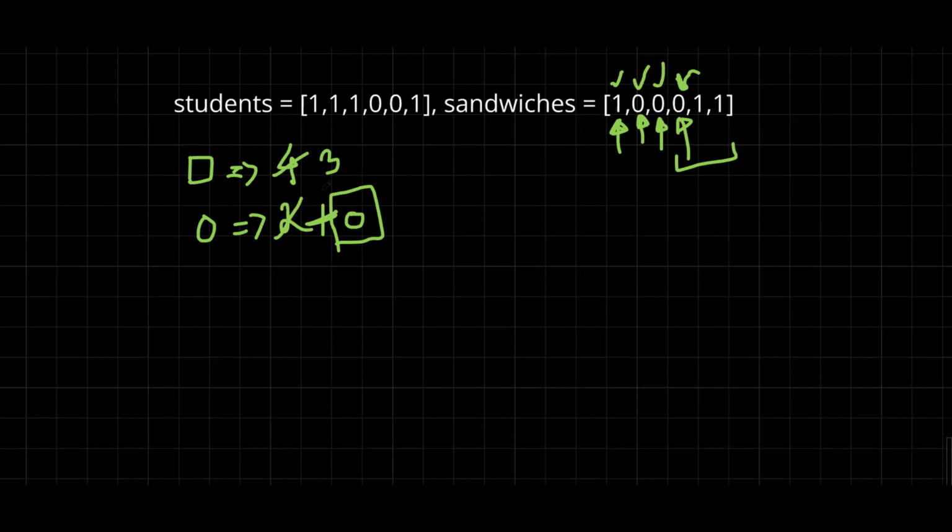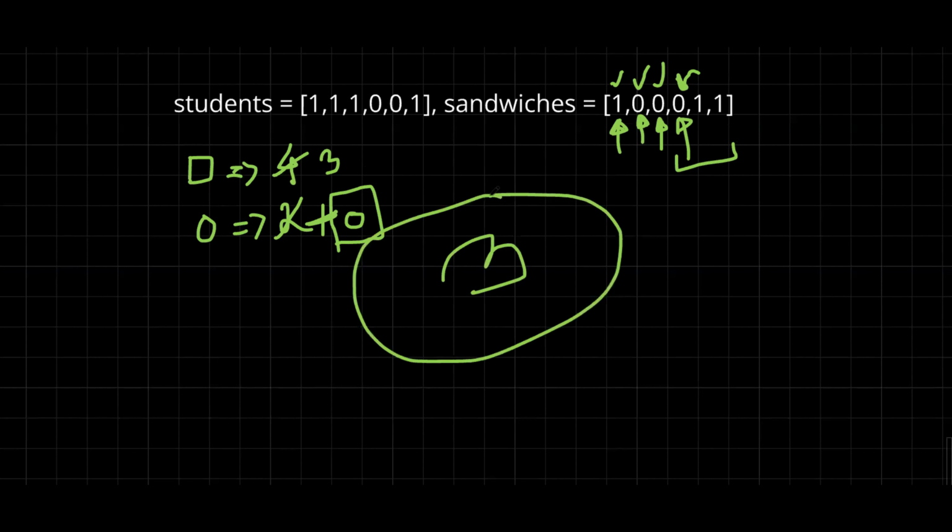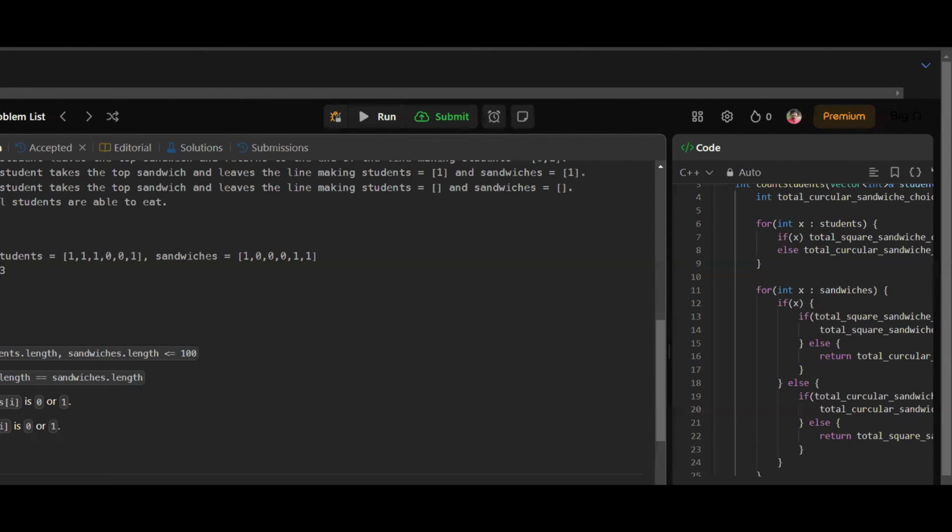So we can say that the total number of students unable to eat the sandwich will be 3, which is the exact frequency of the remaining square preference students. So I hope you understood the algorithm. Now let's move on to the code.